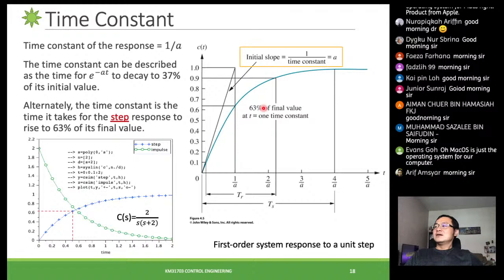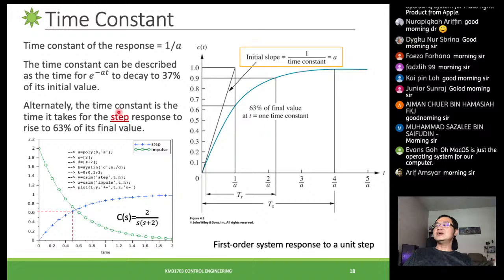So assuming the final value is 1, meaning to say it has already increased 63%, but you still have 37% left to reach the final value when we input a step response. Okay, so remember the previous equation still corresponds to the step response, or the step input.